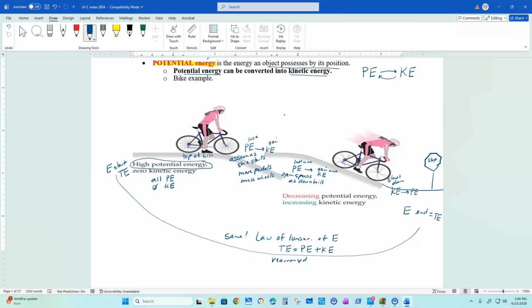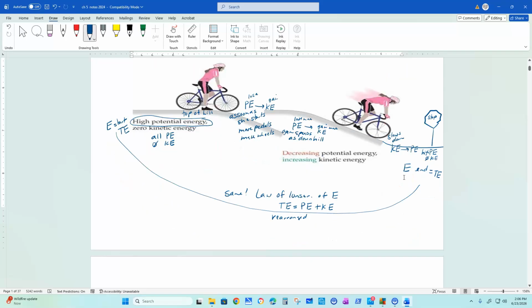So by the time she gets to that stop sign, all the potential is all she has. So once she gets to the stop sign, potential energy, she's done, she's resting. But now she's got no more kinetic. Okay? So that's how energy gets conserved and how energy gets converted from one to another.